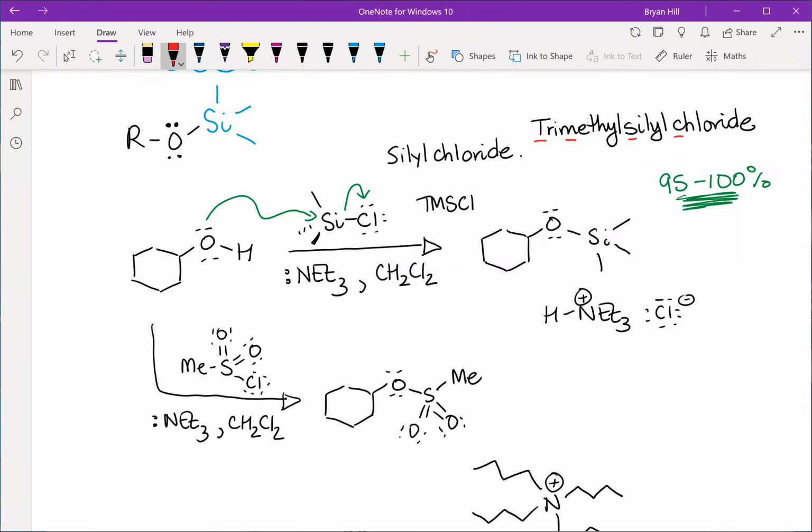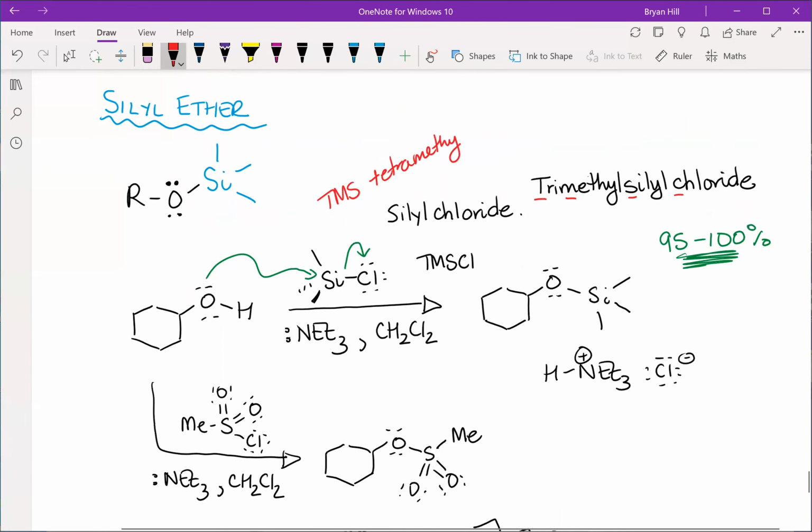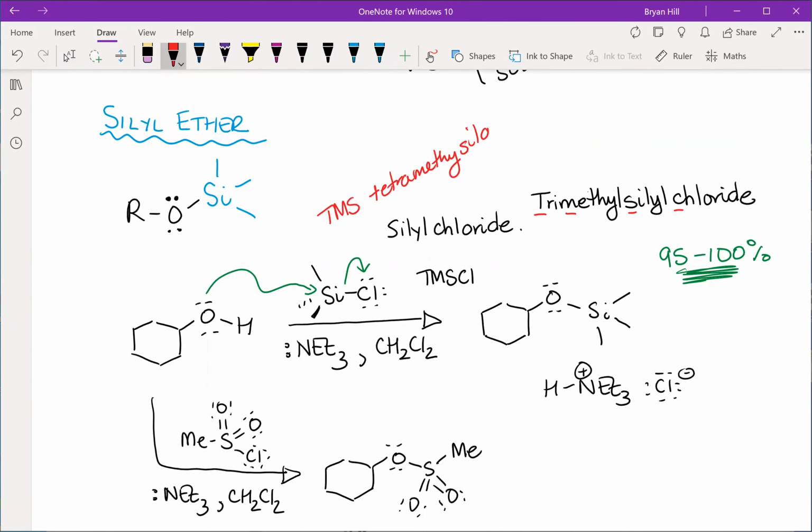The problem with TMSCl is, when you did a little workshop with infrared and NMR in first term, I think you did, there was something called TMS in that, which was tetramethylsilane. And that's just silicon with 4 methyl groups on it.